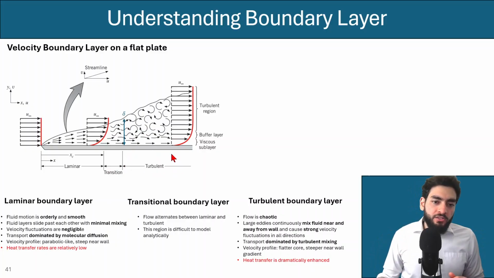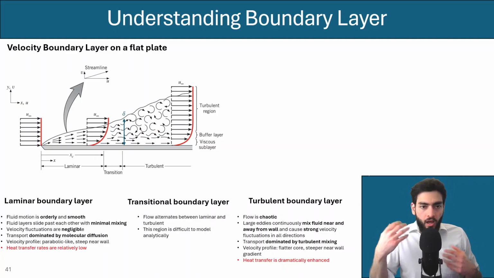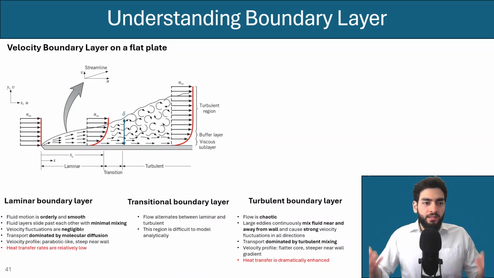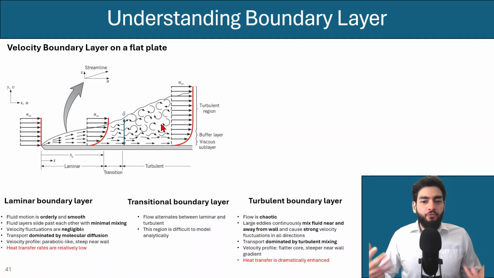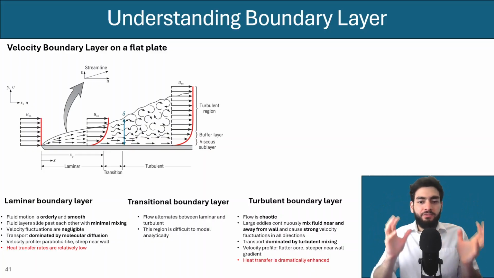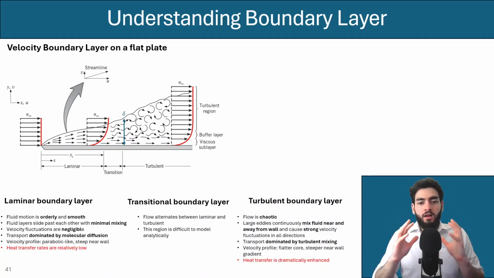So after that transition, and once you go into the turbulent region, what actually is happening? The turbulent region is known for having high inertial forces relative to viscous forces. And so flow is chaotic. You have large eddies that form, and that means that you have continuous mixing near the wall and away from the wall, and you have strong velocity fluctuations that get generated in all directions.